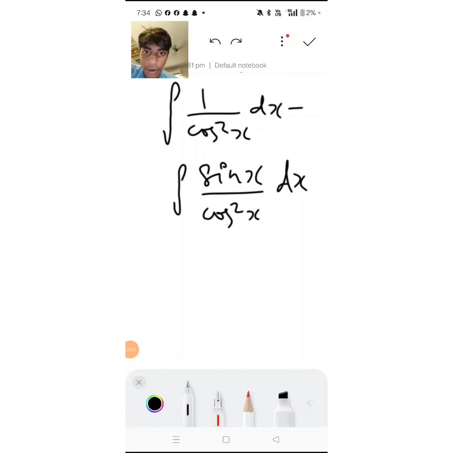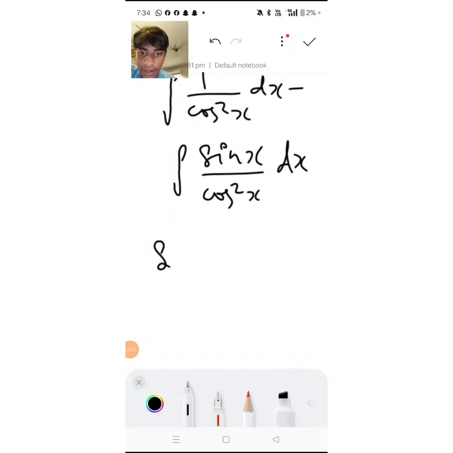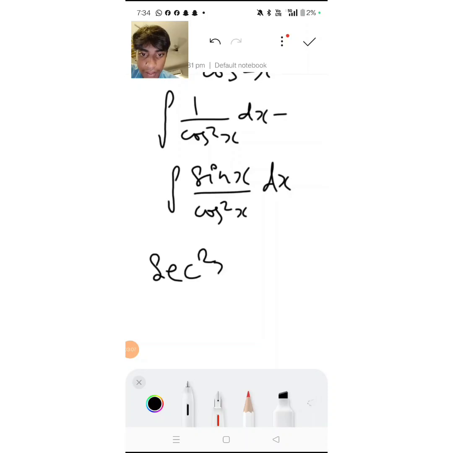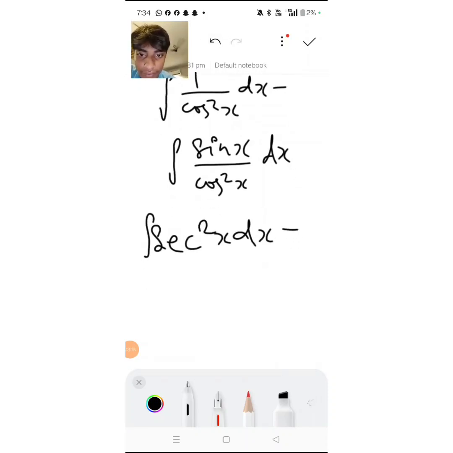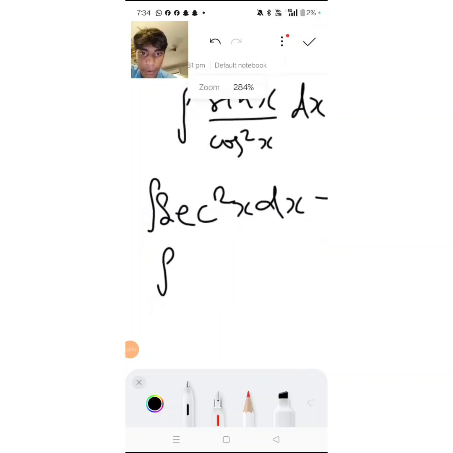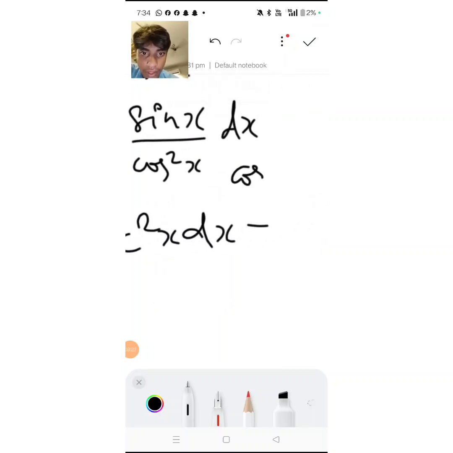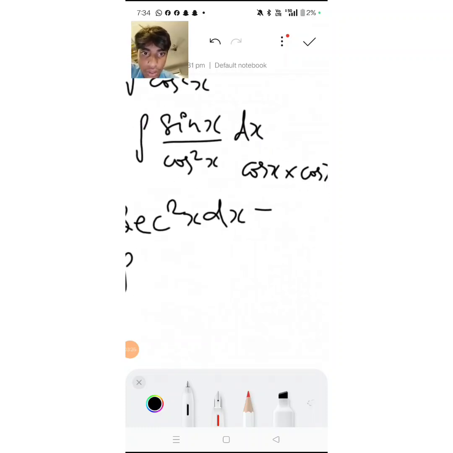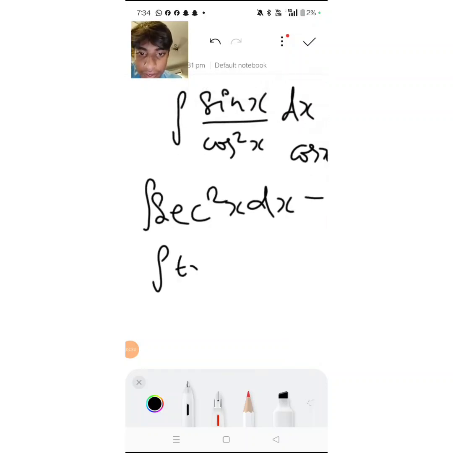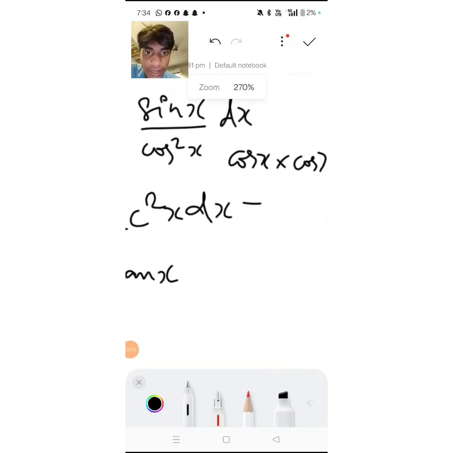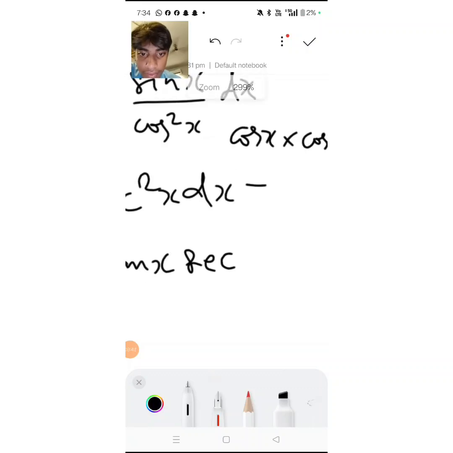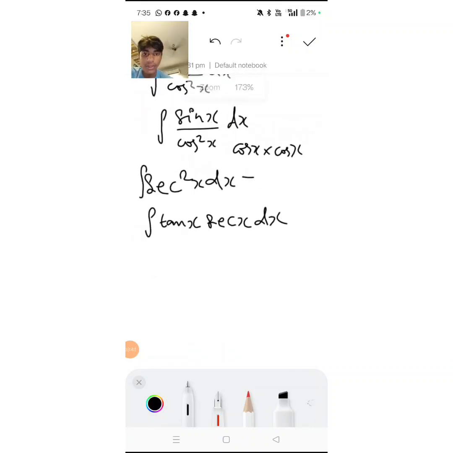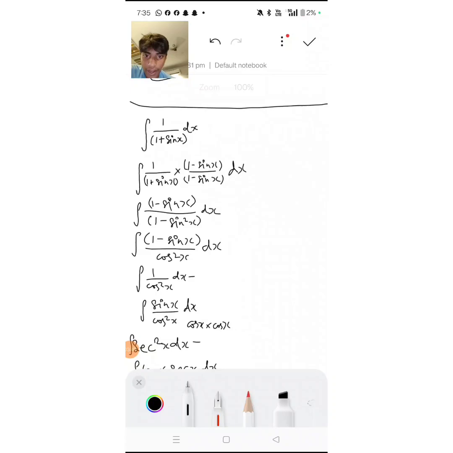Integral of 1 upon cos square x dx, we can just write as the integral of secant square x dx, minus the integral of sine x upon cos square x, sine x into 1 upon cos x. Sine x by cos x is tan x, into the 1 upon cos x, which is secant x. So it's just the integral of tan x secant x dx, right?